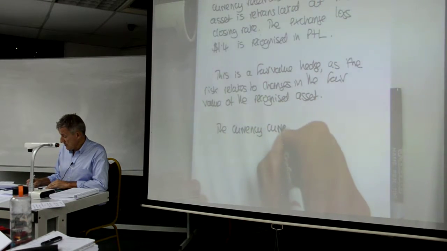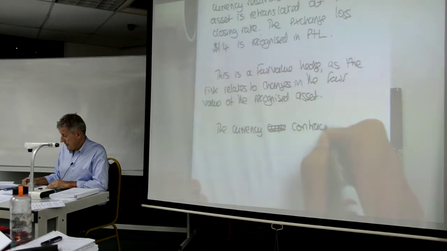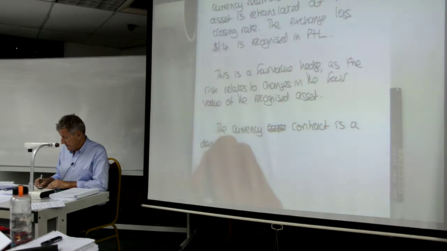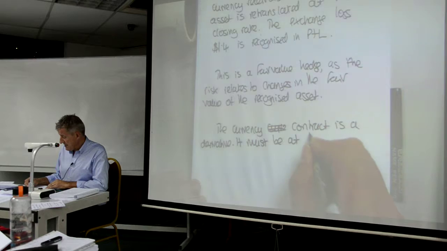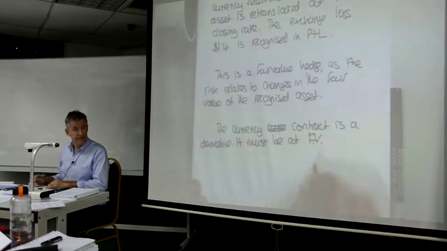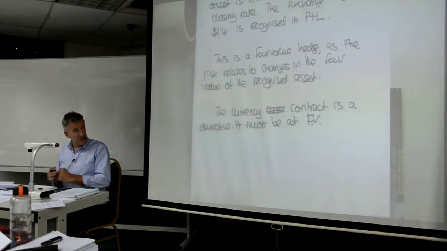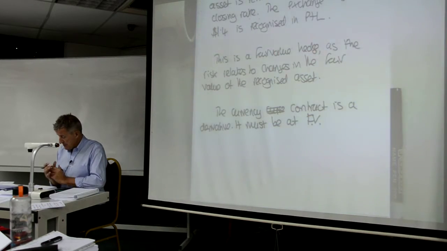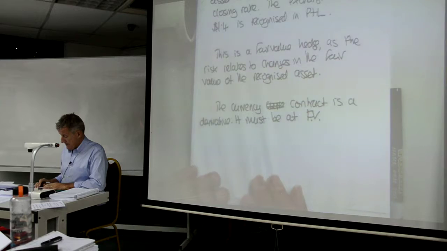The currency contract is a derivative. It must be at fair value.